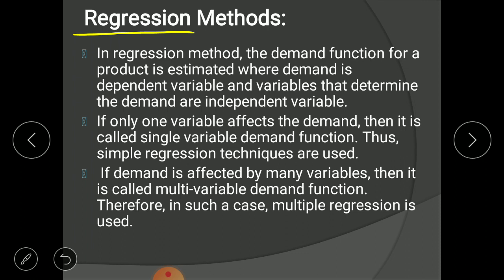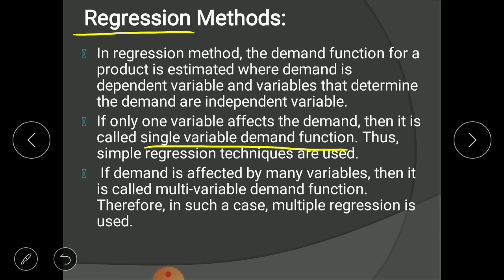If only one variable affects the demand, then it is called a single variable demand function. See, in the regression method, you prepare an equation and you solve that equation. If in the equation you are using only one factor, then it is known as a single variable demand function. Thus, simple regression techniques are used.